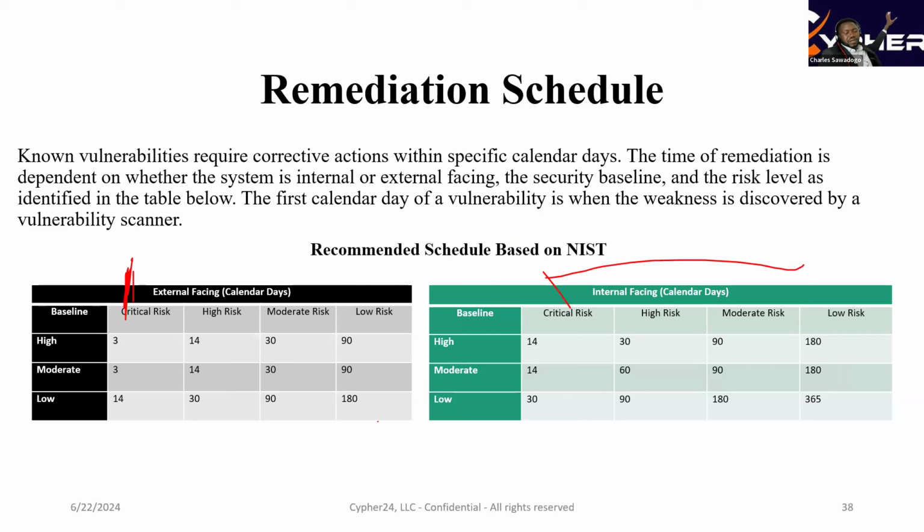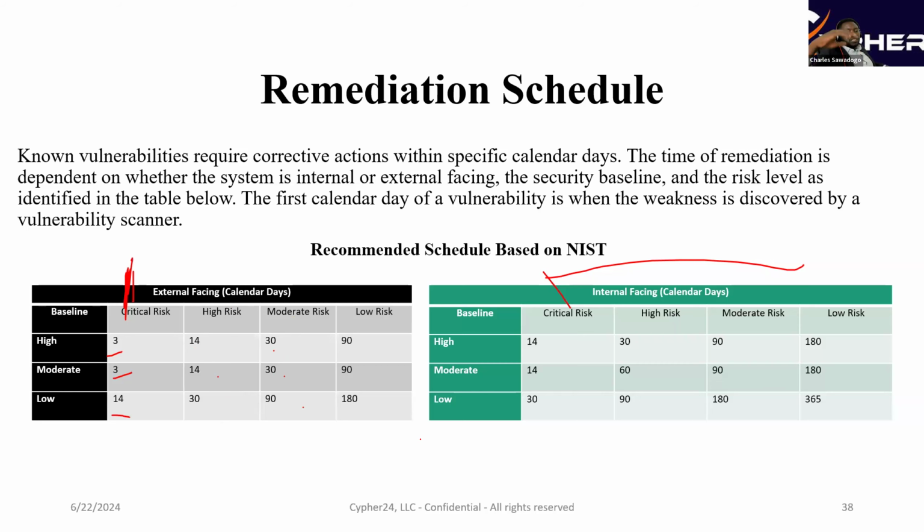Now, external systems, as you can see, you can have high, critical... NIST recommends that critical will be addressed within 3 days. 3 days if it's moderate, and here 14 days. And for high risk, 14 days and 30. And for moderate, 30 days and 90 days.